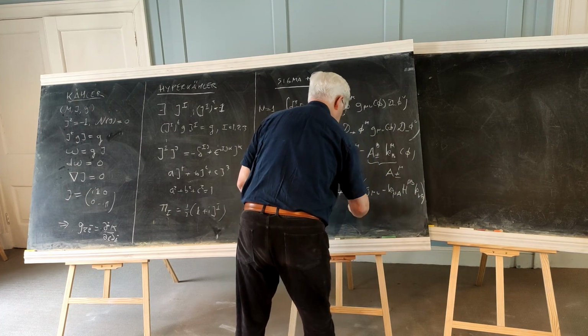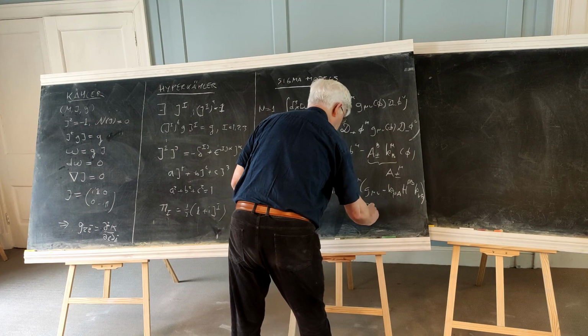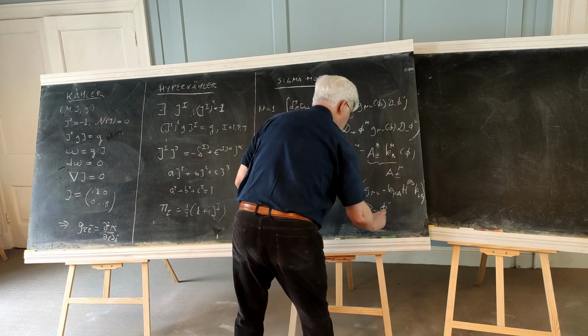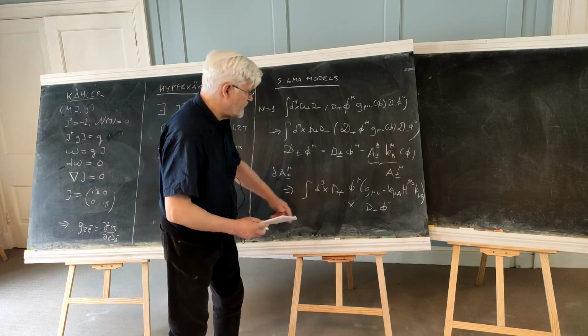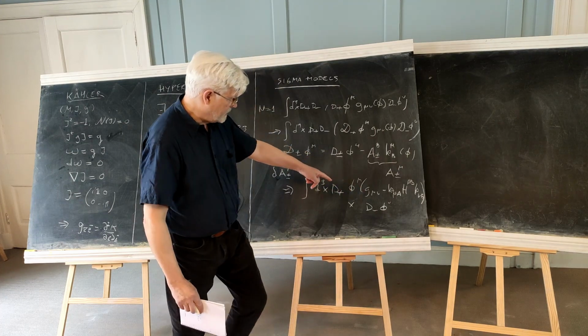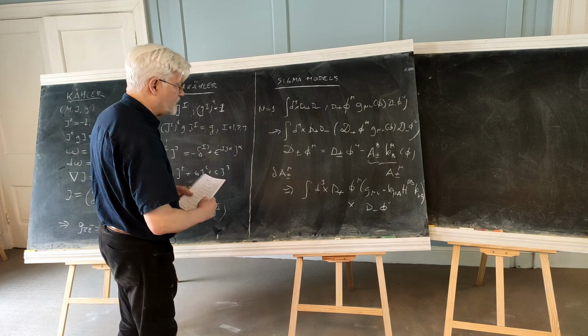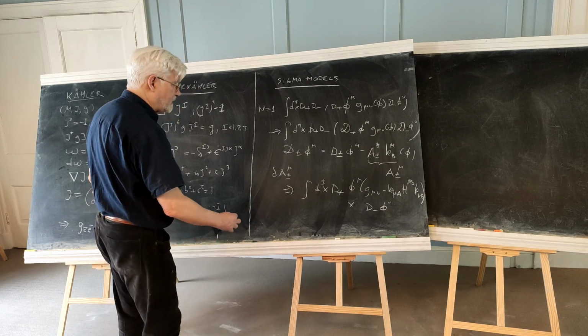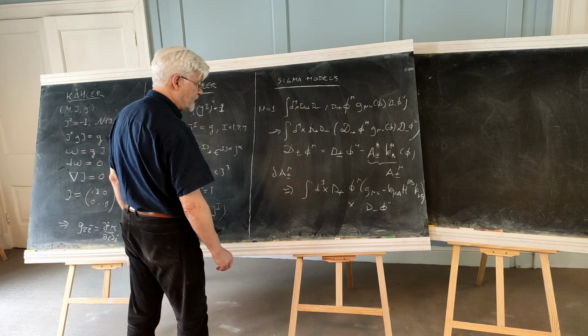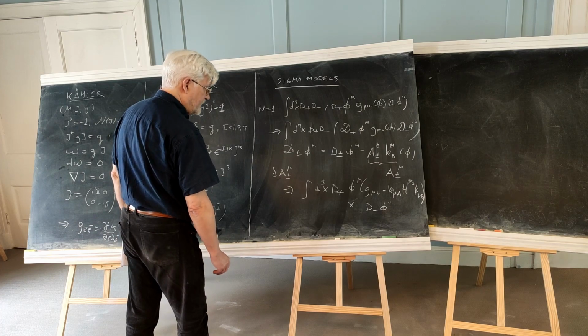It's this times d minus phi mu. Okay, so this is the metric on the quotient space which is completely identical to the one we found in the bosonic case.